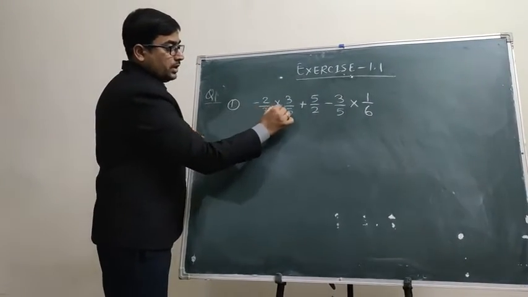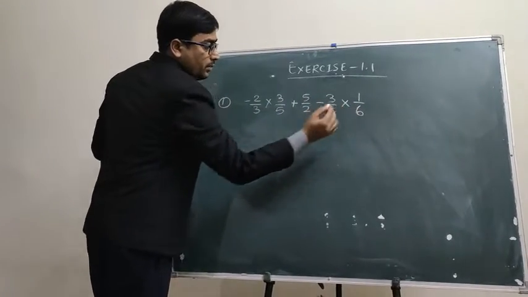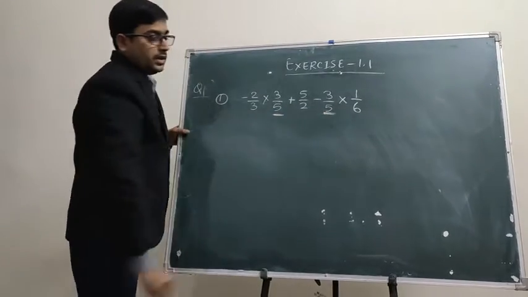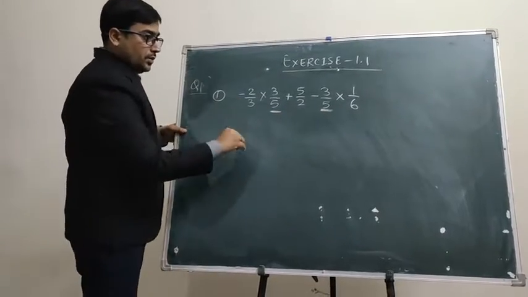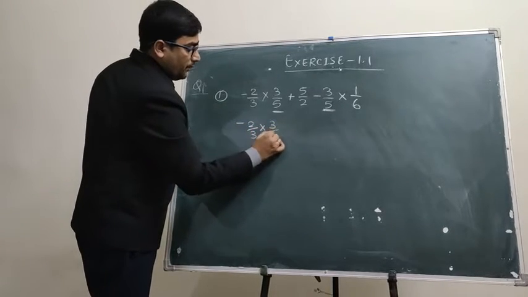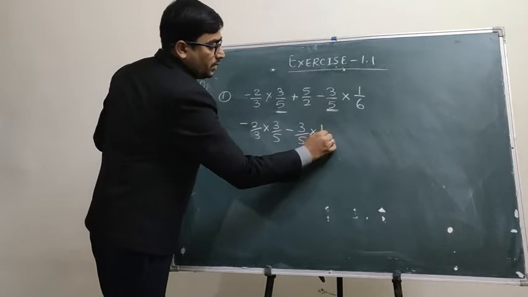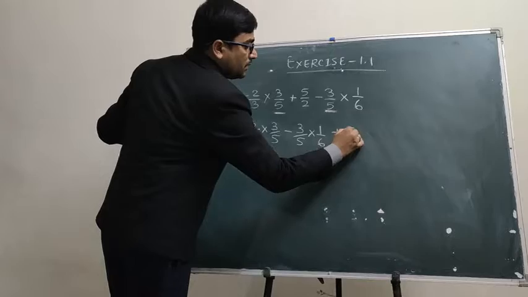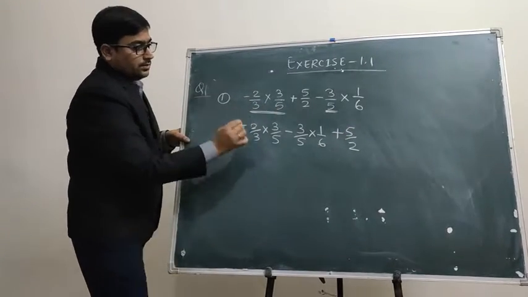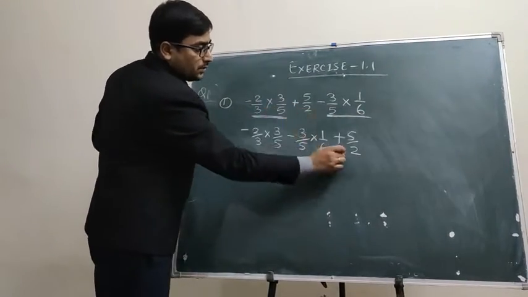Here 3 by 5 is common in both the terms. First you have to arrange the terms: minus 2 by 3 into 3 by 5 minus 3 by 5 into 1 by 6, then plus 5 by 2. First write this term, then this term with the same sign, then plus 5 by 2.